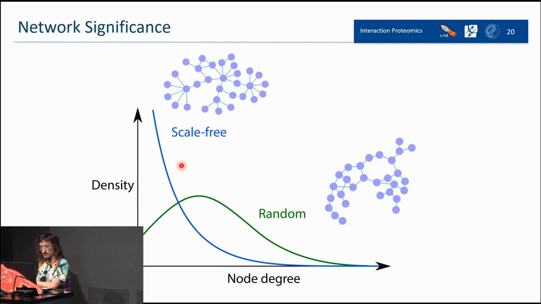The difference here with the random network is that you don't have a peak at 2 or 3. You don't have so many nodes with 2 or 3 edges.